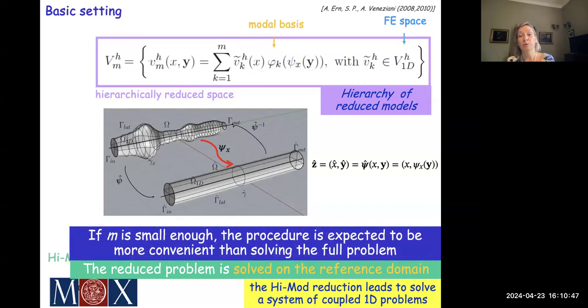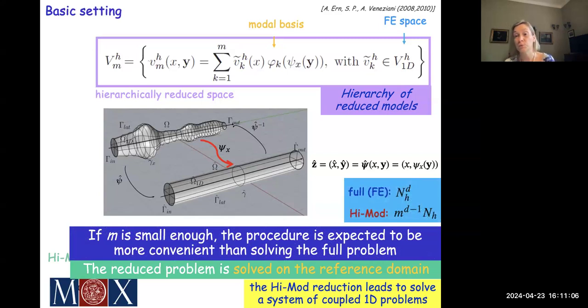And it can be proved that if your modal index is sufficiently small, at that point, the hi-mod approximation is expected to be convenient from a computational viewpoint when compared with the approximation of a full problem.